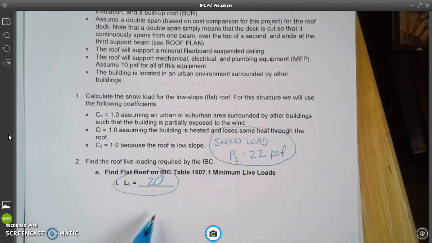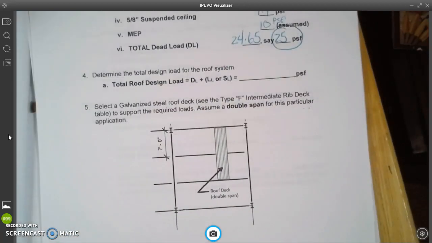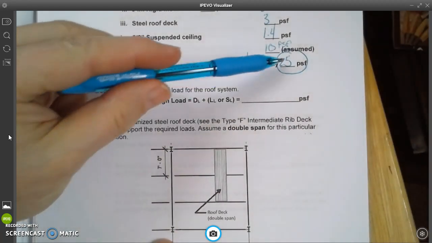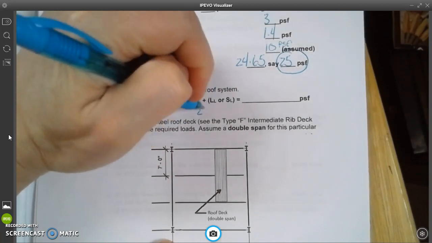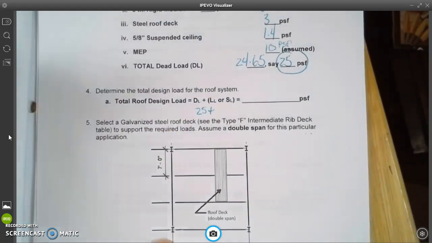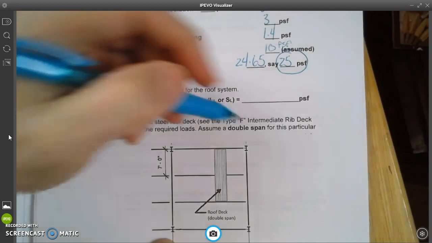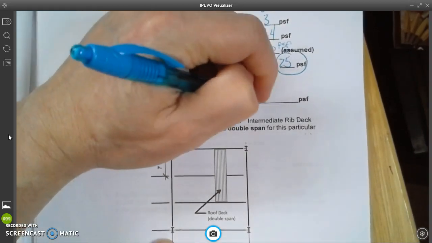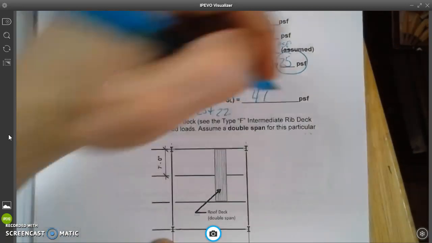So 22 is greater than 20, so we're going to use the snow load in question number 4 here. So we take our dead load, which is 25, plus our snow load, which was 22, and you end up with 47 PSF.